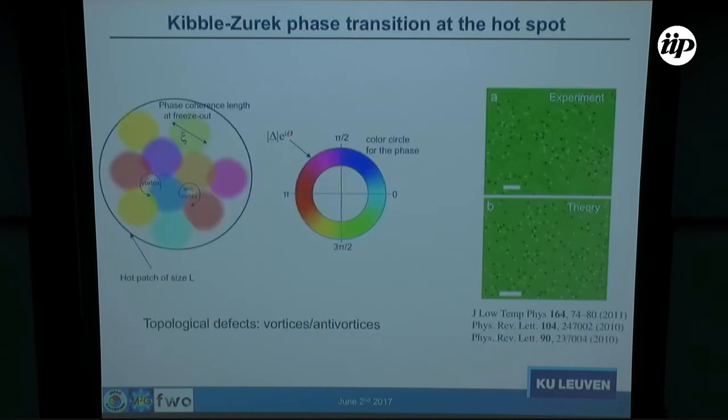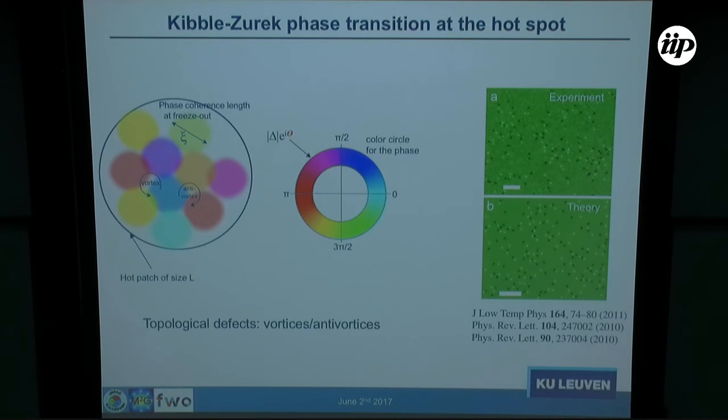For superconductors, the picture is like this. Above Tc, we have a fluctuating order parameter with different phases. If we cool down the superconductor, the domains with coherent order parameter start to grow. If the cooling rate is slow enough, eventually the domain will reach the whole size of the sample, and we reach equilibrium.